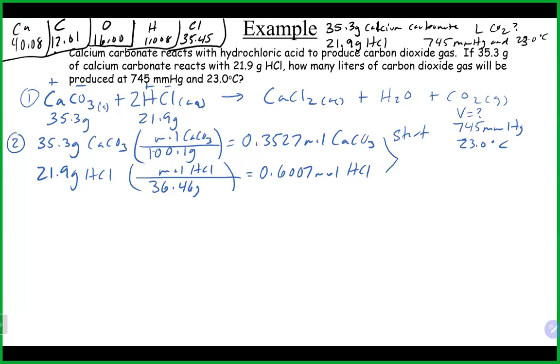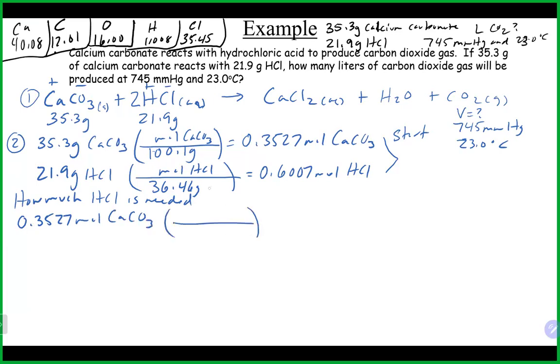Remember, one way that you can figure out which one is the limiting reagent is you're going to pick one of them and try to figure out how much of the other one you need to use it all up. So in this case, I want to know how much HCl is needed to use up my calcium carbonate. So I'm going to take the moles of my calcium carbonate and do a mole to mole relationship between the two reactants from the equation.